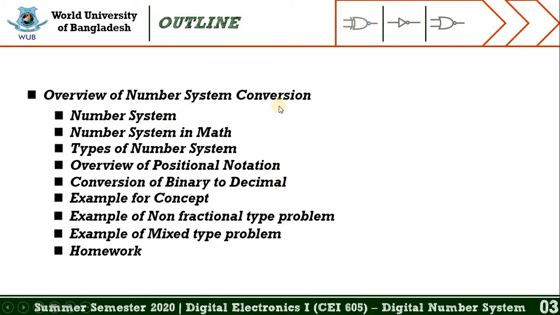Next, number system: what does the number system mean in mathematics? Types of number system. Overview of positional notation. I repeat again, conversion of binary to decimal, example for concept, and so on. So let's move into the next slide.